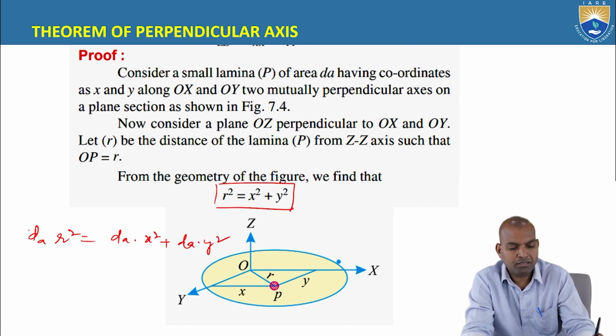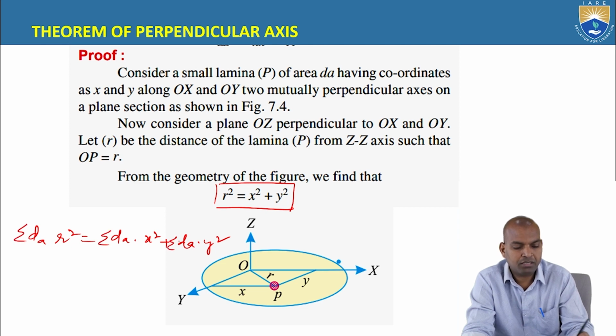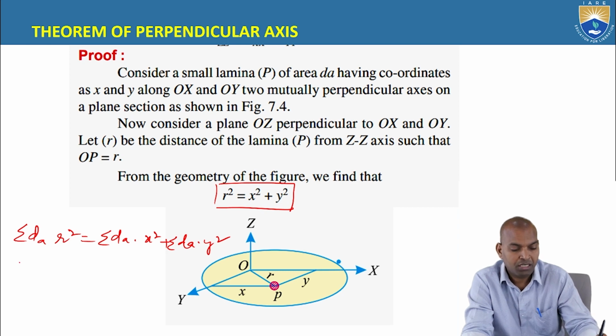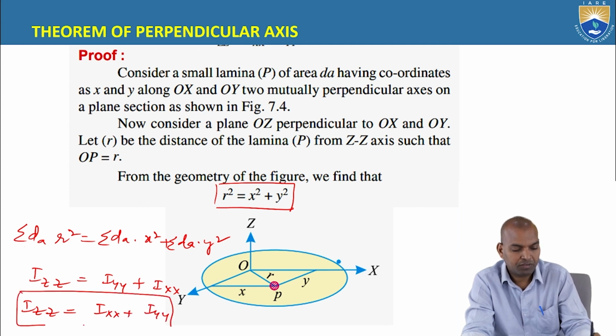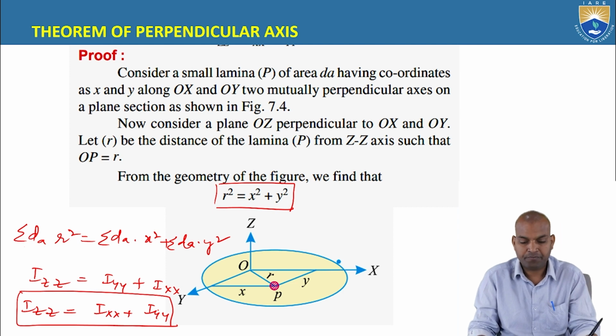If we integrate, taking the algebraic sum over the section, sigma dA r square is nothing but Izz, sigma dA x square is Iyy, and sigma dA y square is Ixx. Then Izz equals Ixx plus Iyy. This is the algebraic sum of Ixx and Iyy.